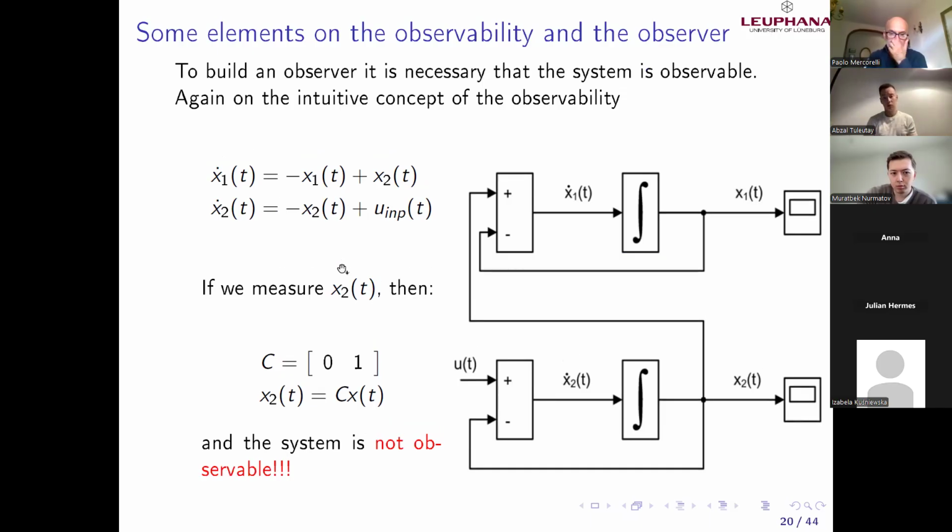Now, let me start with the non-observable case. We have a system which consists of two equations. Look, we can see that x1 appears in the right part just in the first equation, but not in the second one.